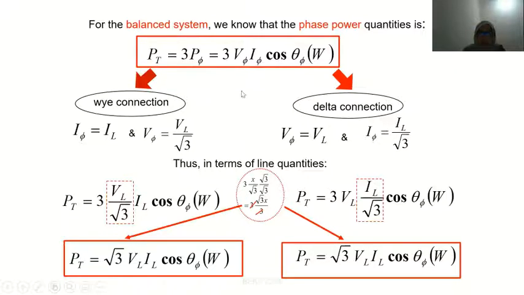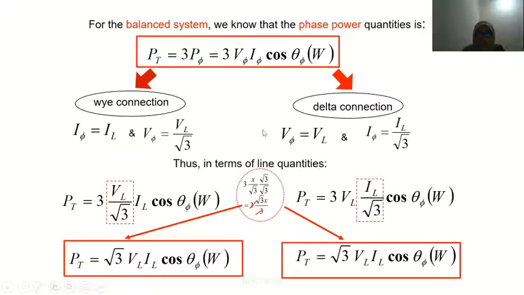Referring back to the Y connection system, I phase is equivalent to I line, and V phase is equal to V line divided by square root of 3. While for the delta connection, V phase is equivalent to VL and I phase is equivalent to IL divided by square root of 3.